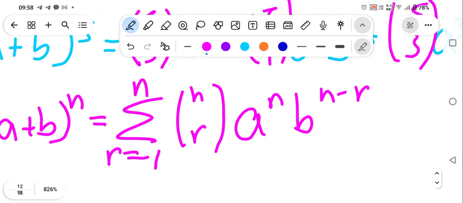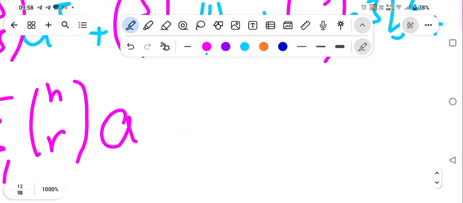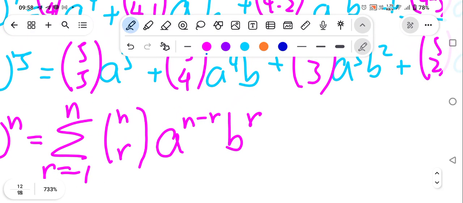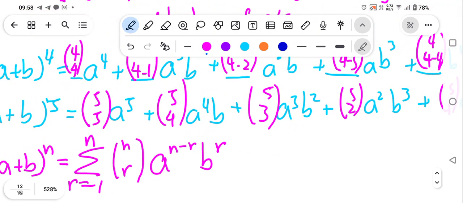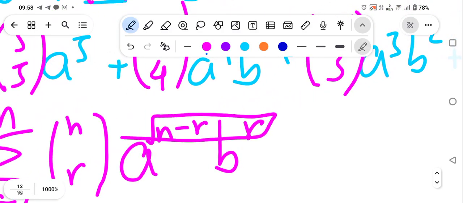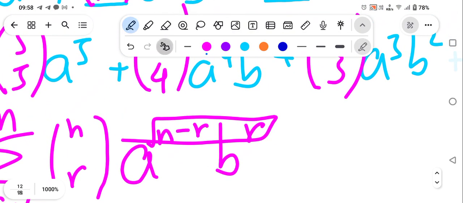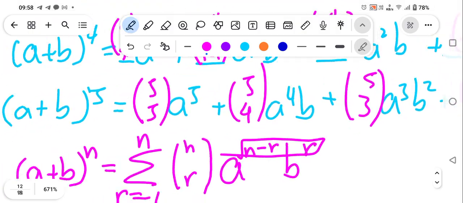Am I right? Oh no, this is A power n minus r and B power r. Yeah, because as you can see, the powers on top will always sum to n, which is 5. The number of terms is 5.